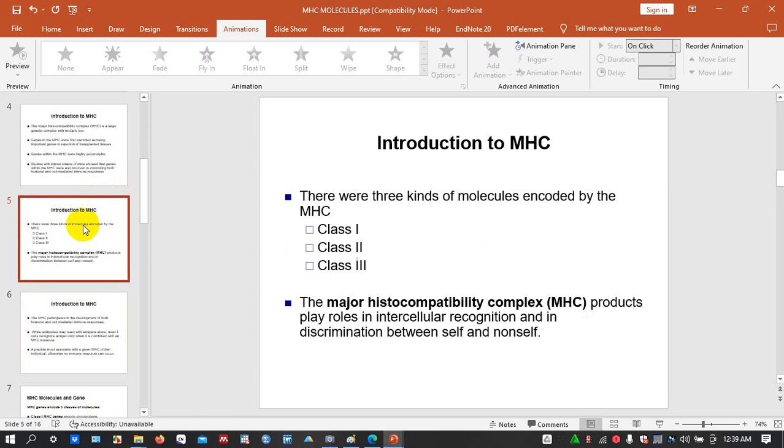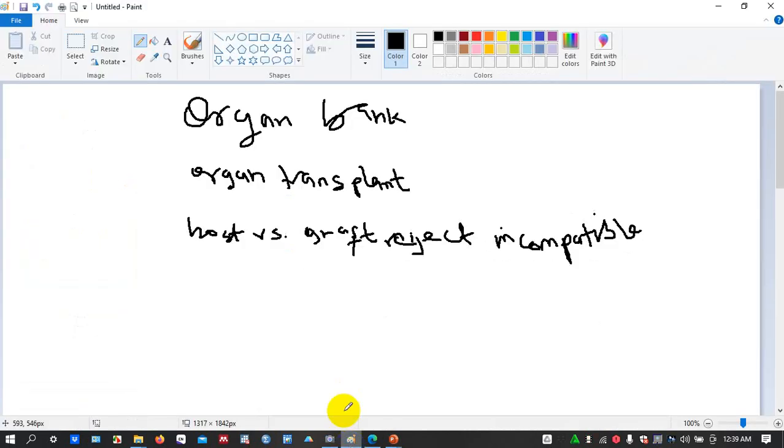The MHC products play roles in intercellular recognition and discrimination between self and non-self. So the reason why your antibodies or immunoglobulins will not get up one day and say, we are going to fight and destroy this person's eyes, let us destroy your liver, let us destroy your what?